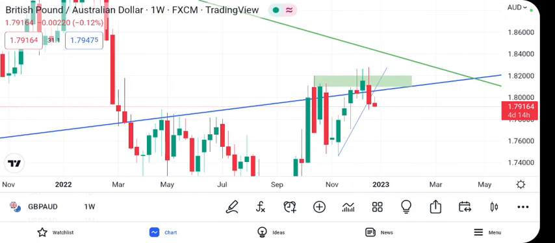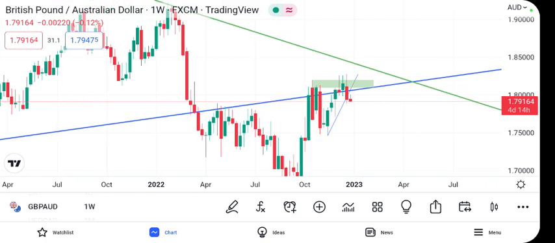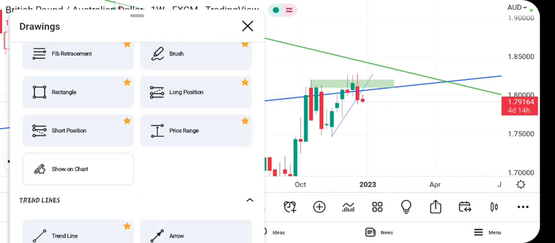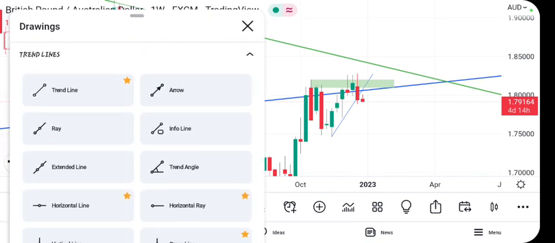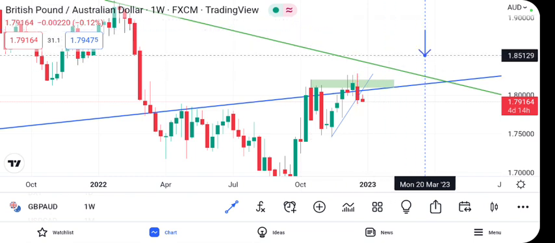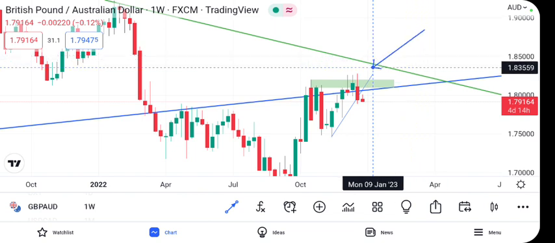All right, so as you can see in this first scenario, you see this green zone here. Remember, there are different kinds of zones when it comes to forex. In this case, this is a weekly zone. There is also a daily zone. There is also a monthly zone.